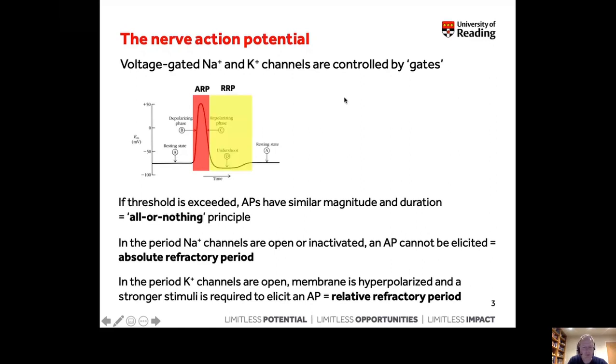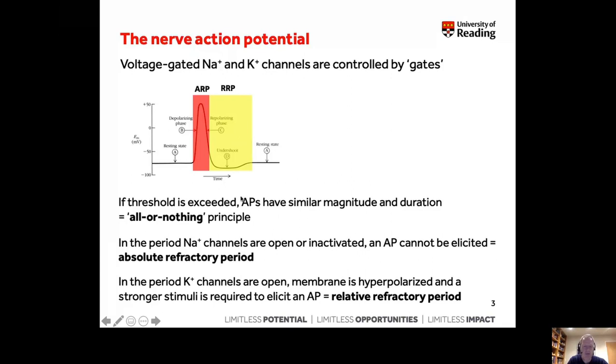Conversely, there's this yellow phase called the relative refractory period. In this period, it is possible to fire another action potential if you put a lot of stimuli into the system. Basically, because potassium channels take a little bit longer to shut, normally during this period we can't get an action potential.